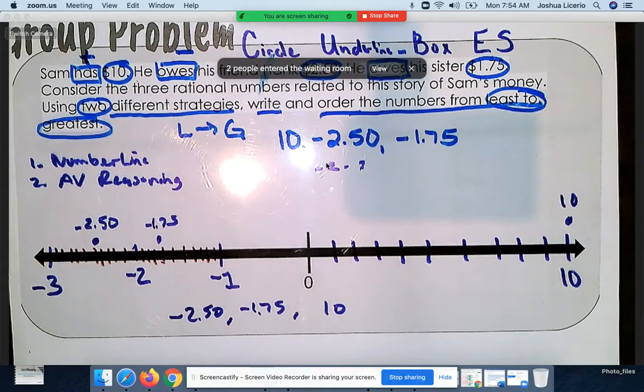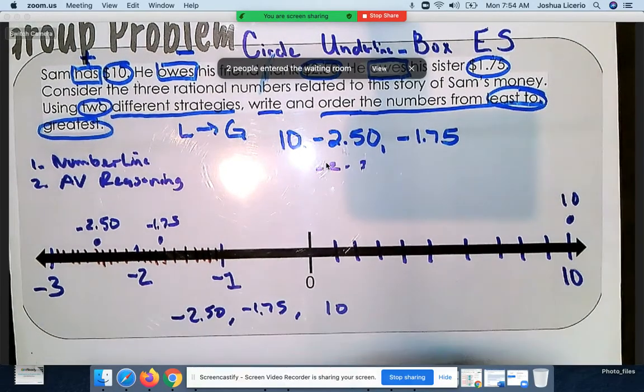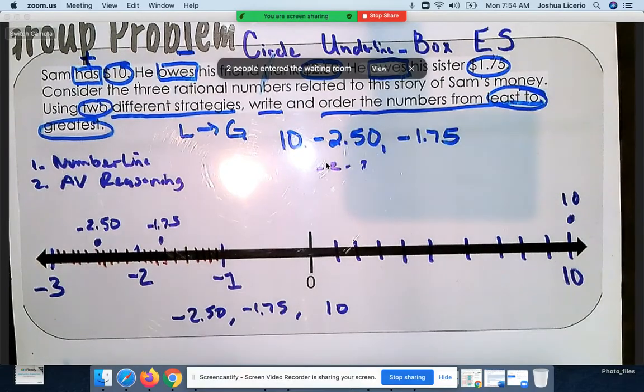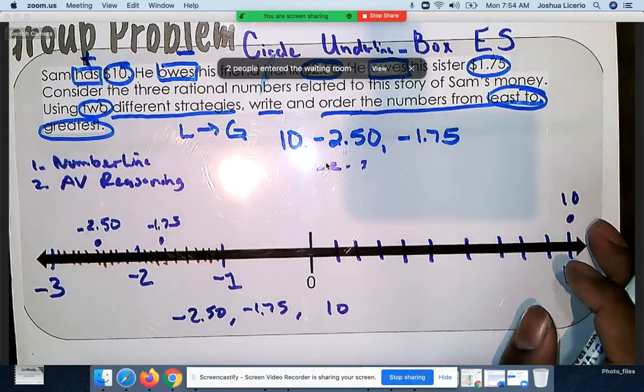Now, here is where we need to understand how positives and negatives work. We know that when comparing positives to negatives, positives are always going to be greater. So I don't even have to worry about the positive side.